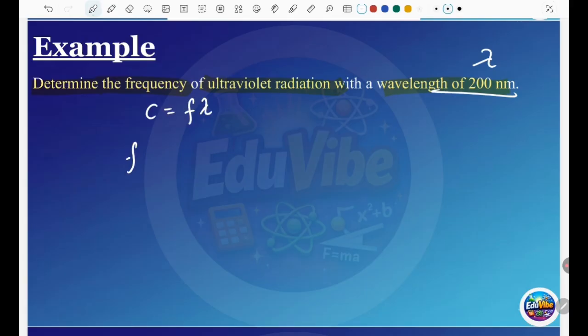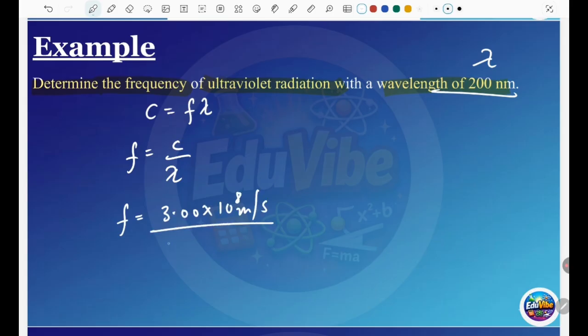So frequency = c divided by wavelength. C is always 3.00 × 10^8 meters per second, and the wavelength is 200 nano, which is 10^-9 meters. From here you get the frequency.